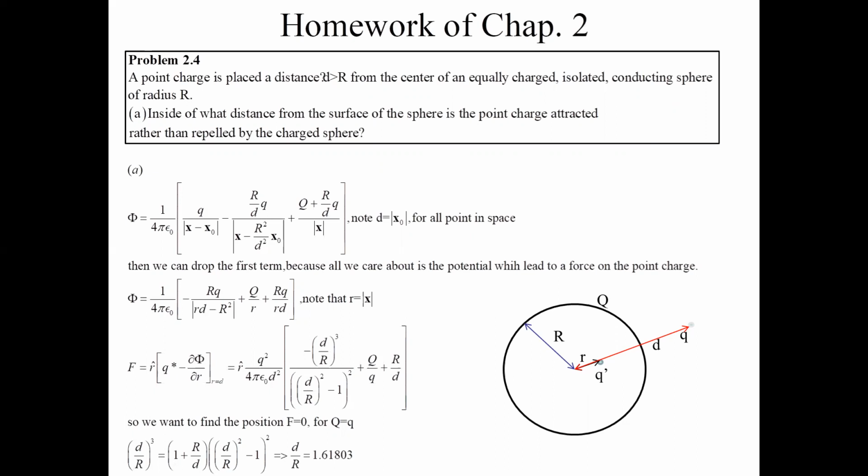The first one is a charge q outside the surface and a grounded surface. The second part is only the total Q on the surface system. By separating these two conditions, we can get the potential as this term. You can easily check that.